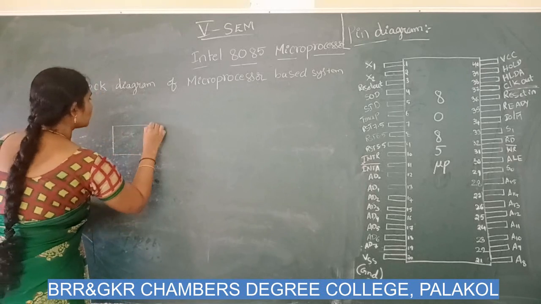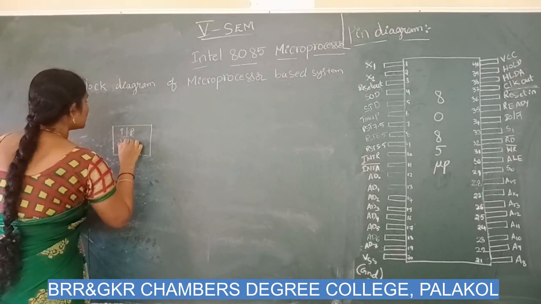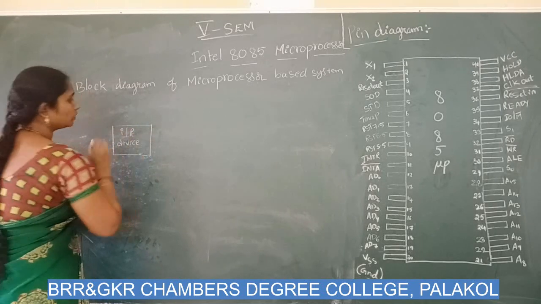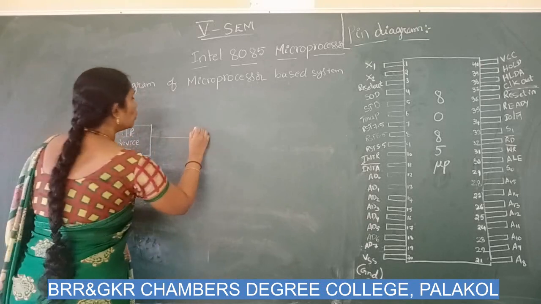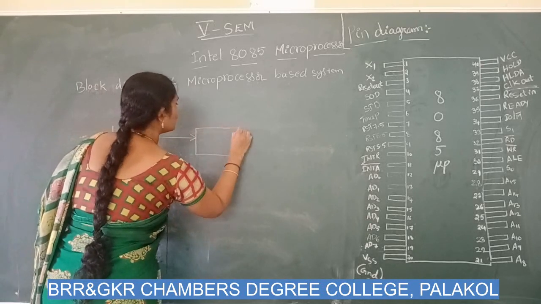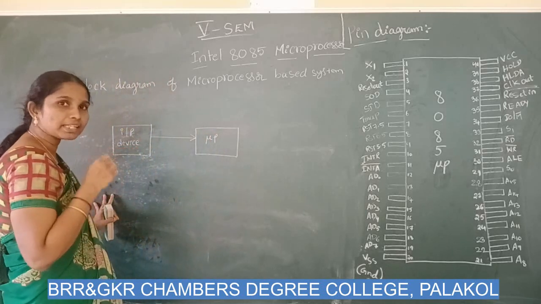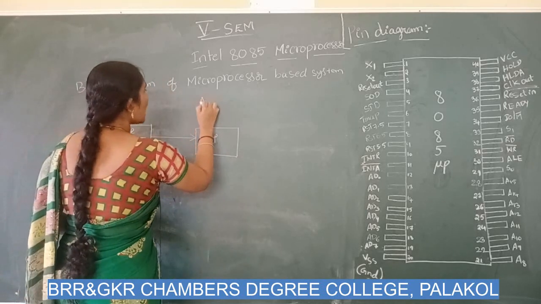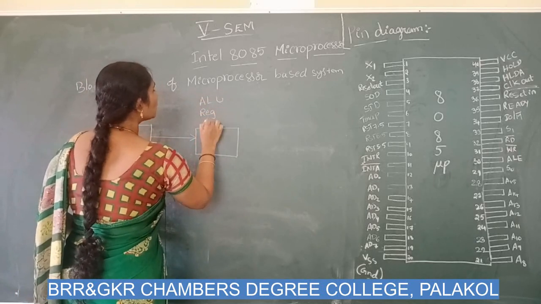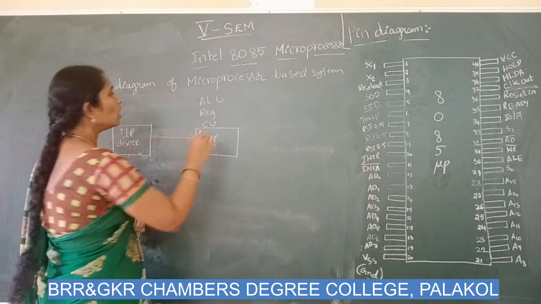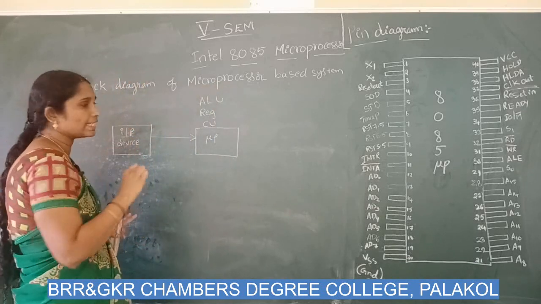This input device is connected to the microprocessor. This is the microprocessor device, that means an IC, which includes the arithmetic and logical unit, register unit and control unit. All units are in a single IC.